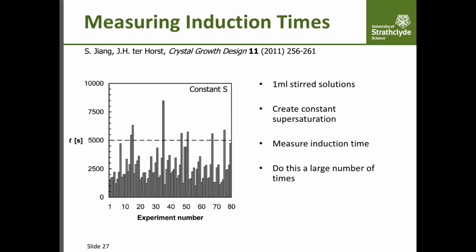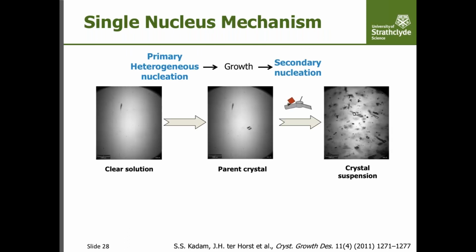So the variation itself contains information on the nucleation rate. One thing we can tell already, because this variation is very large, is that the crystal nucleation rate is very low.